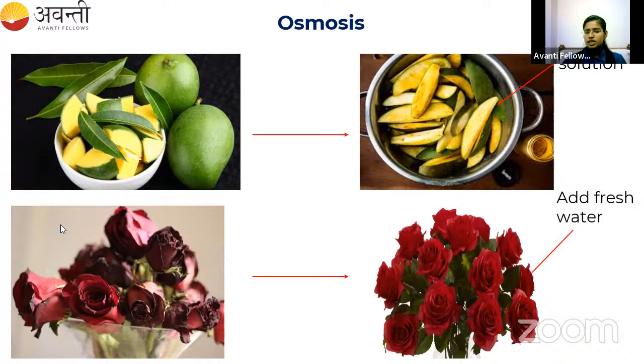So what do you understand from this? If I put the mango in the salt solution, it is getting shrunk. If I put the dried rose into the water, it is becoming fresh. So what is happening here actually?